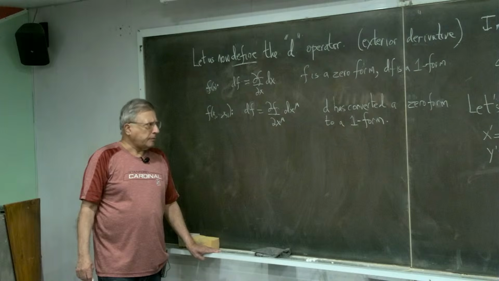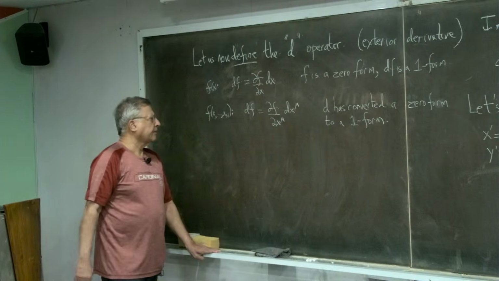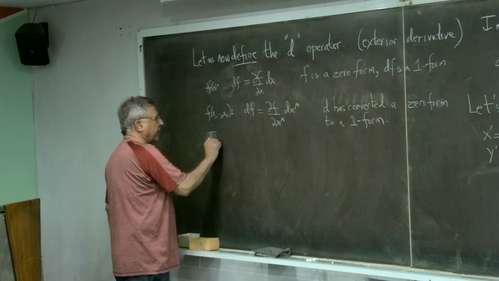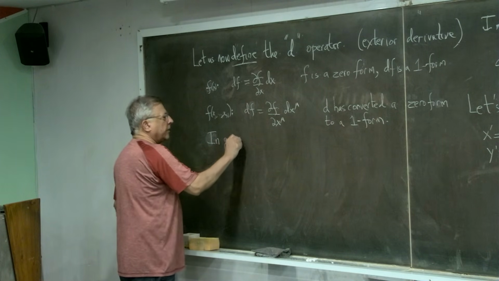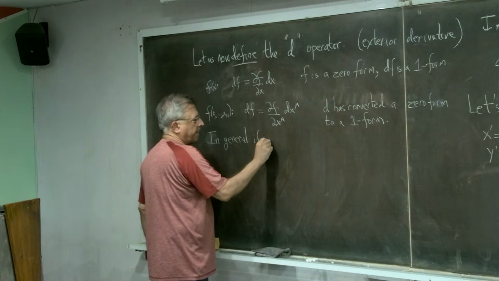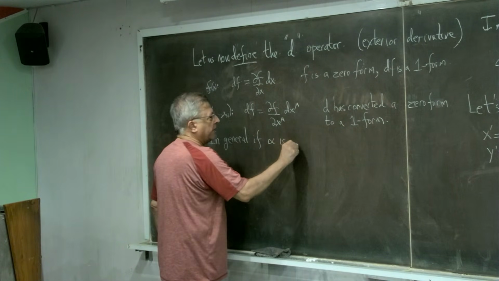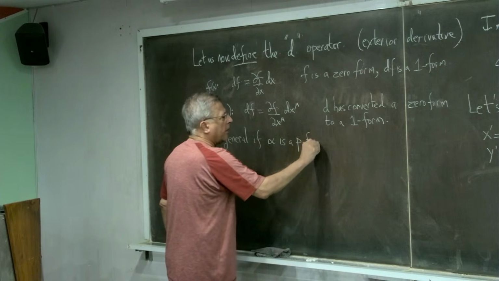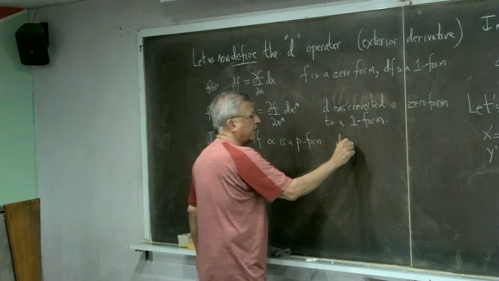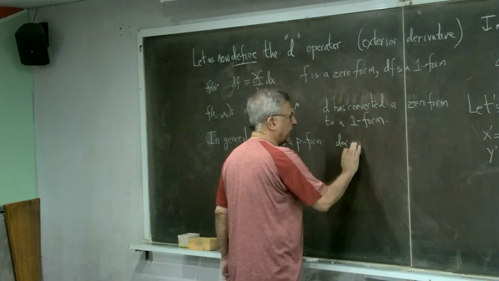Now, so in general, if alpha is a P form, then D alpha will be a P plus 1 form.